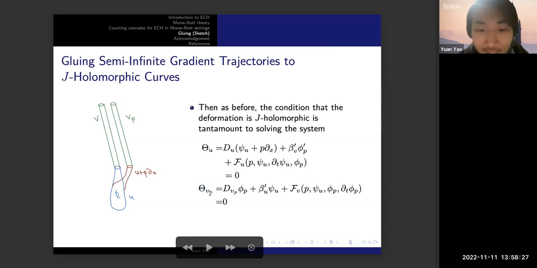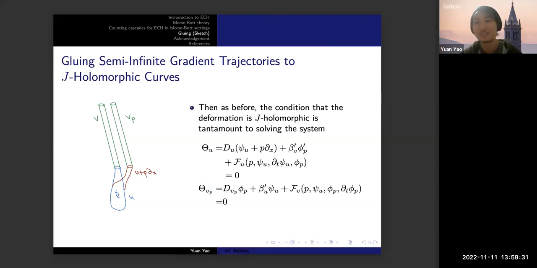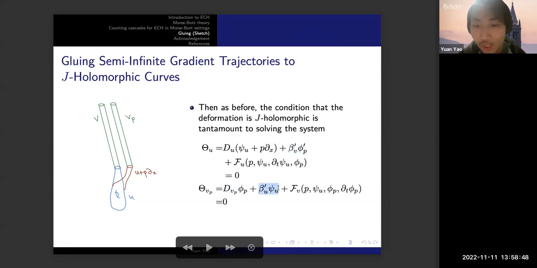And here I'm making this theta P dependent on P. I'm doing this on purpose. This is not a mistake. For each P, I get a different theta VP here. But the point is that still you can write this as some linear operator plus some cross terms and some nonlinear terms. Same here: some linear operator, some cross terms, and some nonlinear terms.